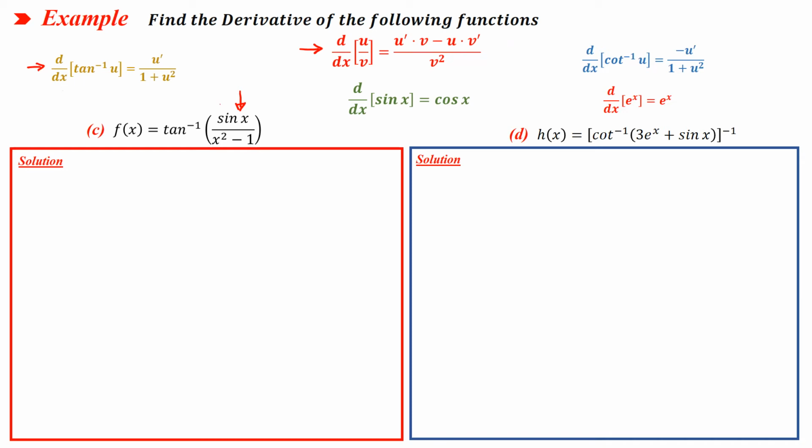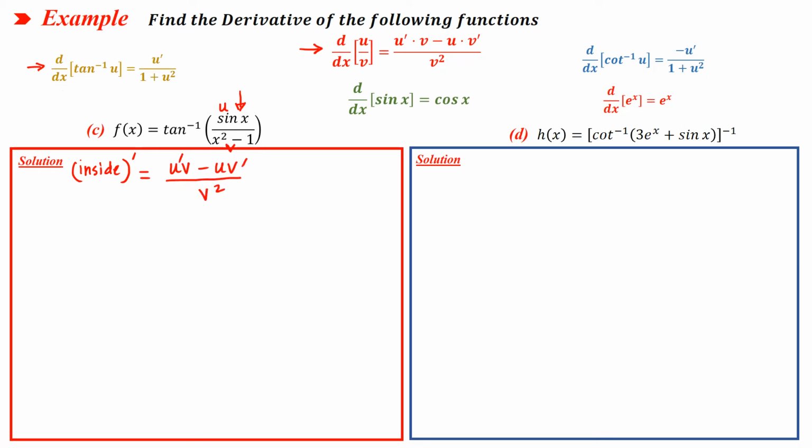So name sine x u and name x squared minus 1 v to find the derivative of the inside function of the function tan inverse. So as you know, now we will deal with the inside function. The inside function prime is u prime v minus u v prime over v squared.